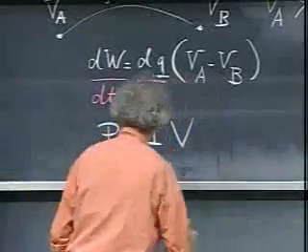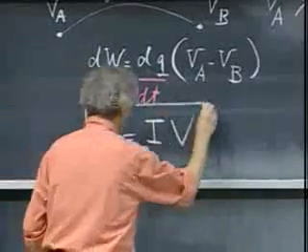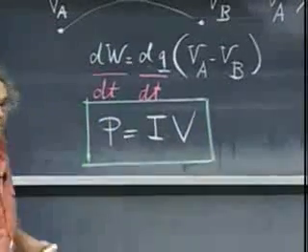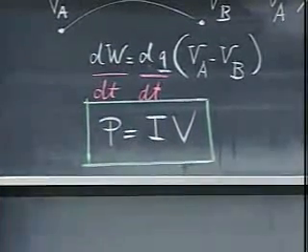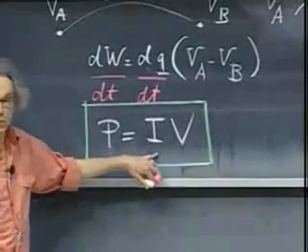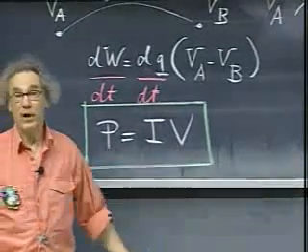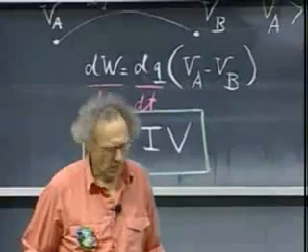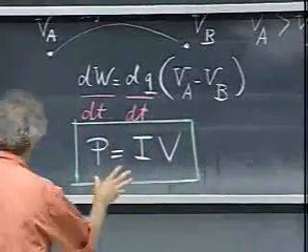So you see now here that the power delivered by a power supply is the current that it produces times the potential difference. And this is independent of Ohm's law. This always holds.